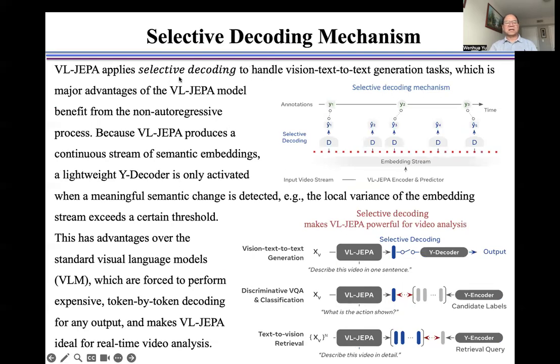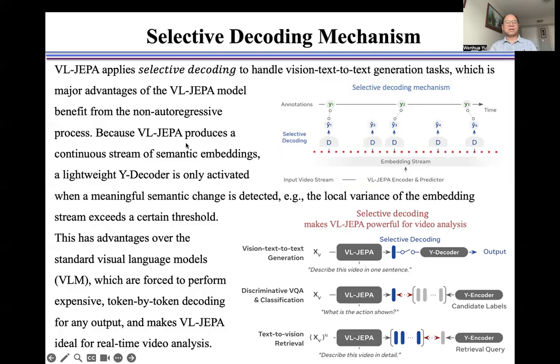VL-JEPA applies selective decoding to handle vision-to-text generation tasks, which is a major advantage of the VL-JEPA model that benefits from a non-autoregressive process, as shown here.